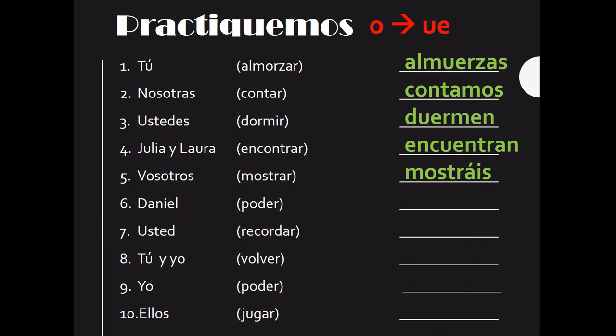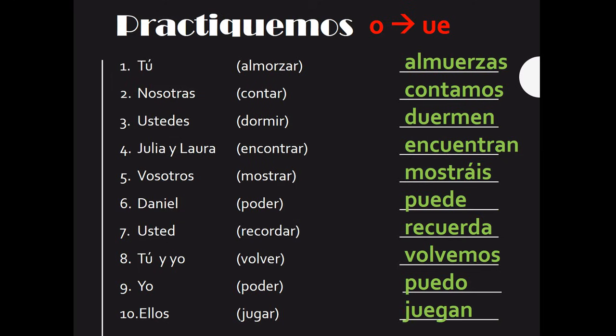Vosotros mostráis. Daniel puede. Usted recuerda. Tú y yo volvemos. That turns into a nosotros. No stem changers in nosotros. Número 9. Yo puedo. Y ellos juegan.